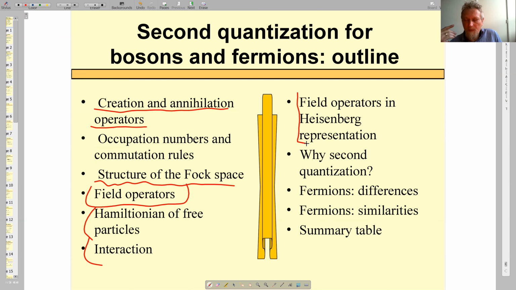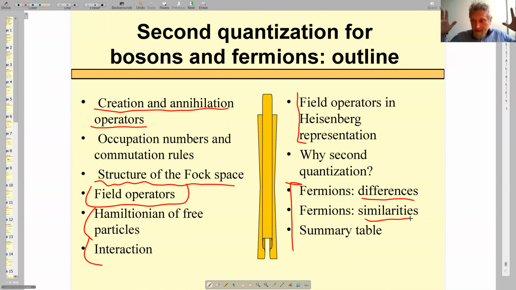Then, at some point, I switch to fermions. Most of the outline will be the same, with a few important exceptions. So we will talk about differences and similarities.